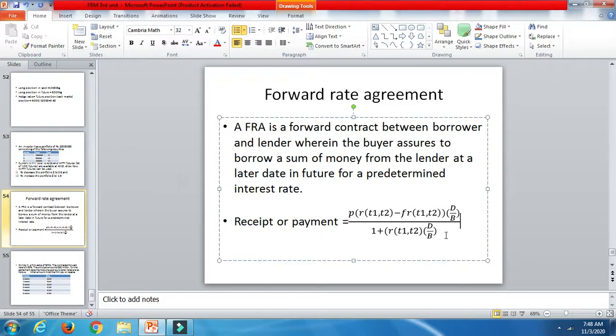D is the duration that has been decided, and B is the number of days in a year. So this is the formula basically.